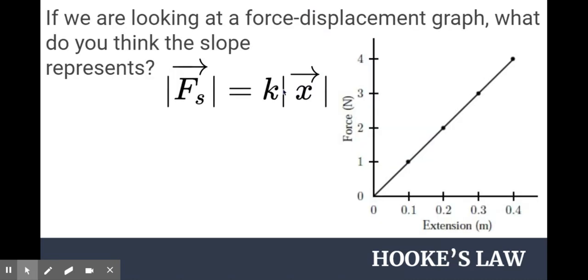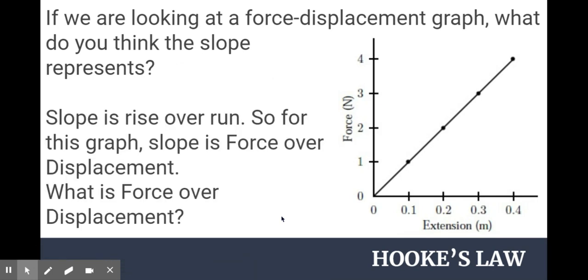All right, so let's look at a force displacement graph. What do you think the slope of a force displacement graph is? Well, slope is rise over run. Our rise would be in our vertical, our run would be in our horizontal.